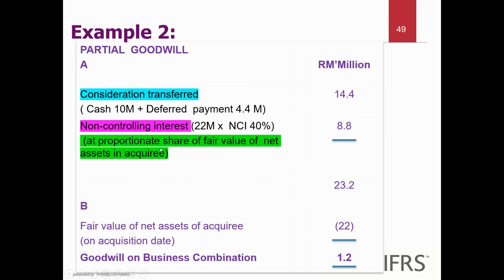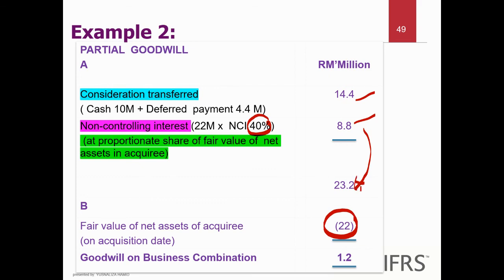Non-controlling interest will not be at fair value. What you need to do is take the fair value of the net asset, or calculate that if it's not given, and then multiply by 40%, which is the NCI percentage, and you get 8.8. So this is actually B. This plus this will give you this, right?